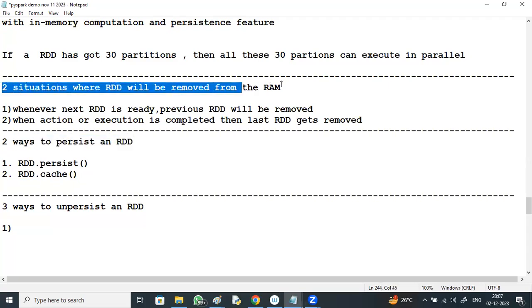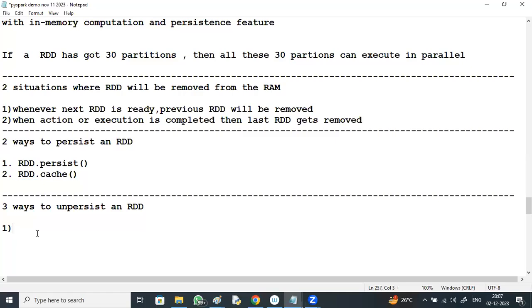Two situations where RDD will be removed from the RAM. Three ways to unpersist an RDD. First one is forcefully unpersisting by saying RDD dot unpersist.